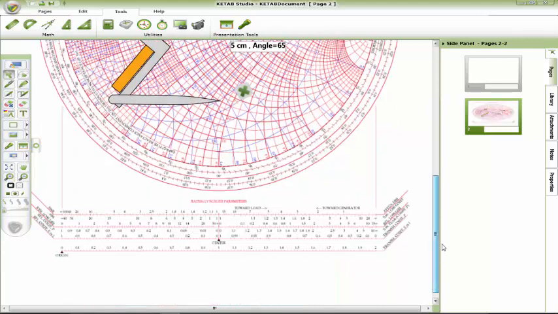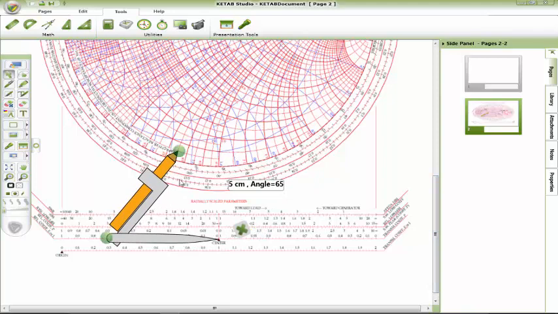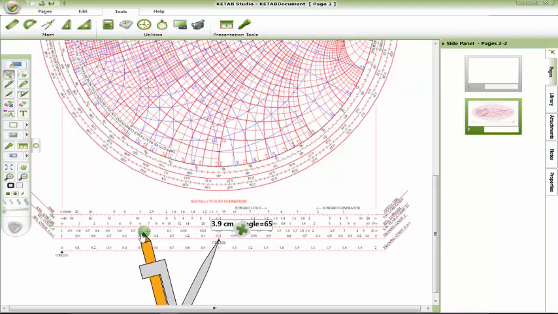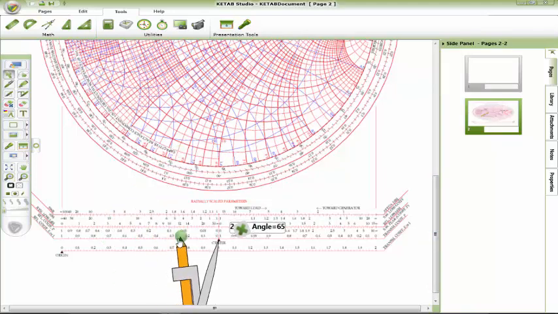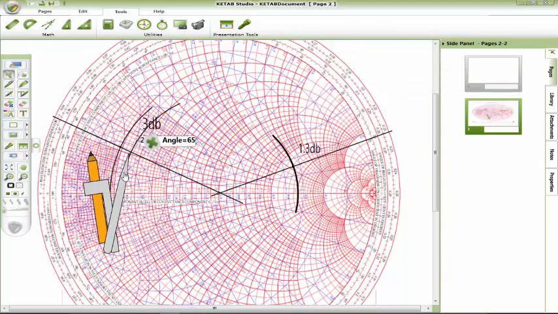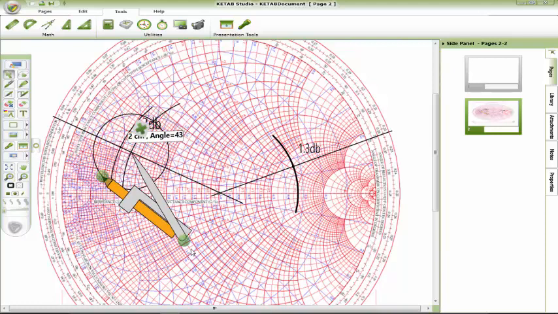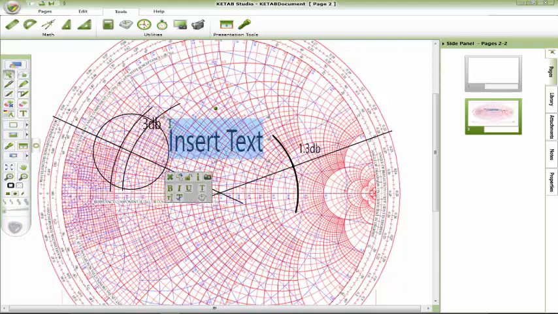After that we click the compass here and open it to 0.25. Then we draw the circle, and this is the 2 dB circle.